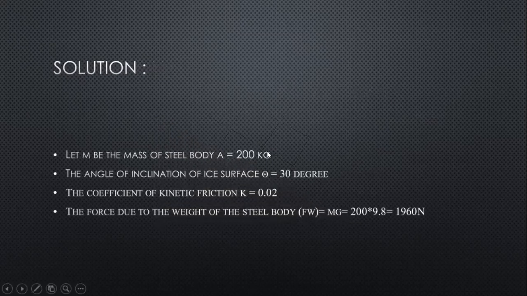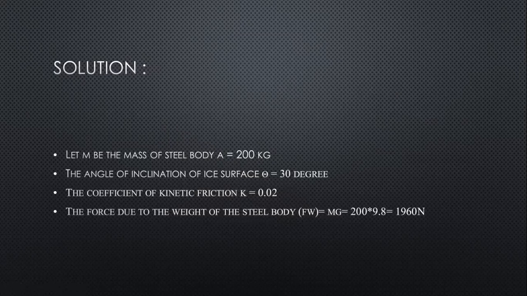Now list out the different variables. Let m be the mass of the steel body A, 200 kg. Let theta be the angle of inclination of the ice surface, 30 degree. Coefficient of kinetic friction K, 0.02.